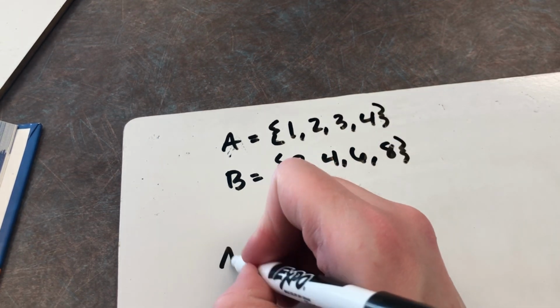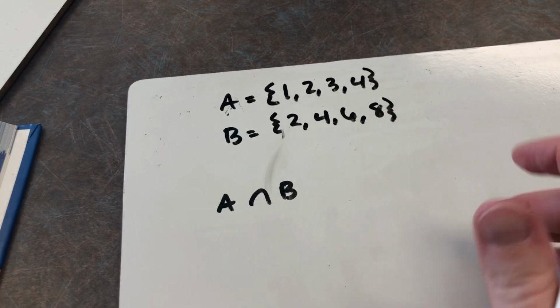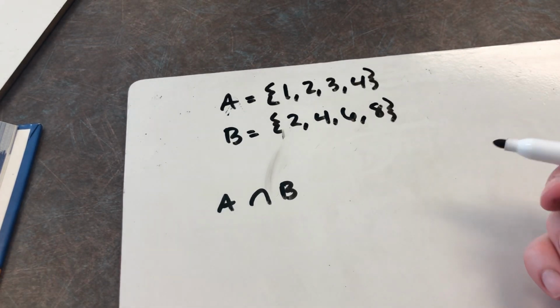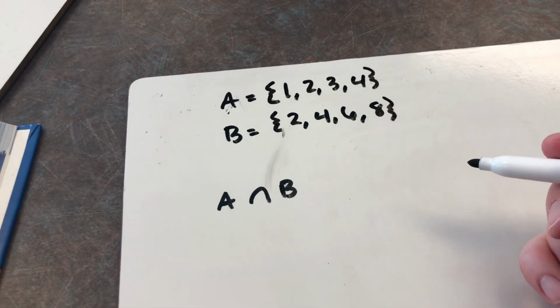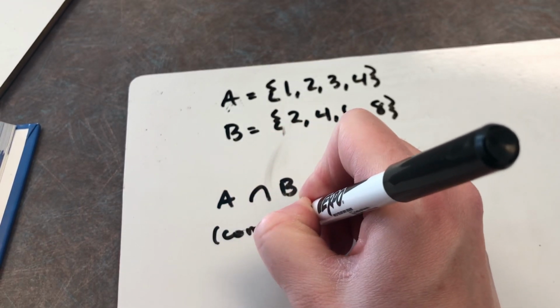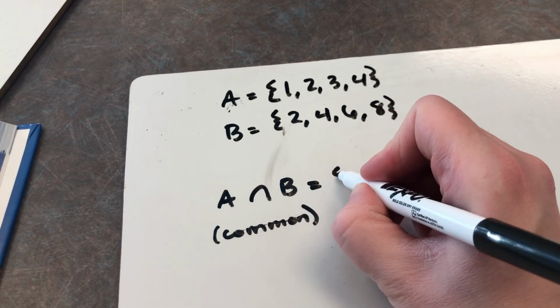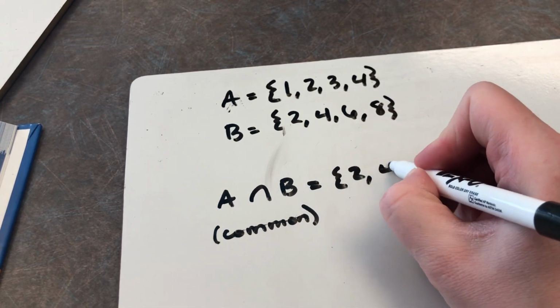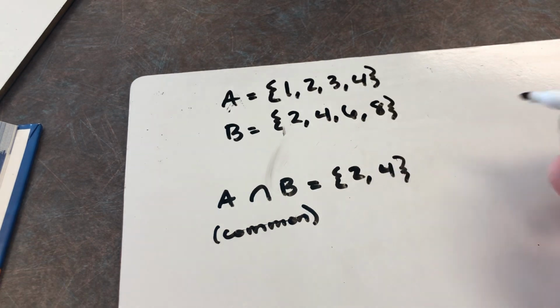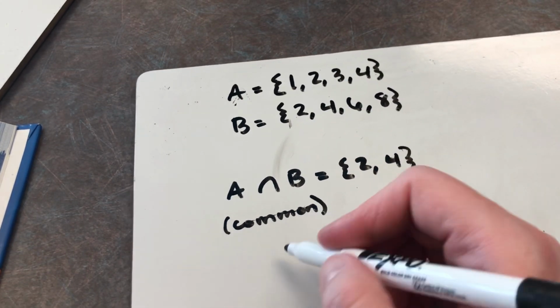Let's say we wanted to find the intersection of sets A and B. Remember, intersection is where they cross or intersect. So we're looking for what do they have in common. So the answer for the intersection of A and B would be the numbers 2 and 4, because those are the only numbers that are in both A and B.